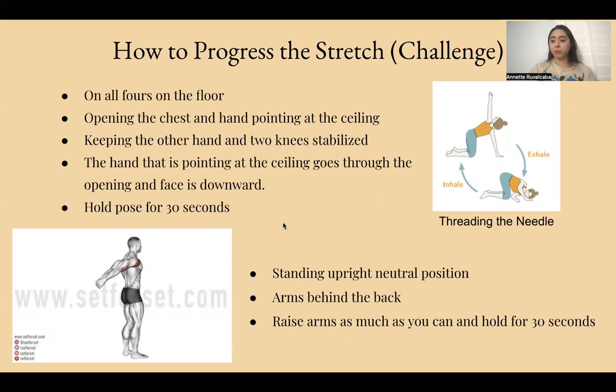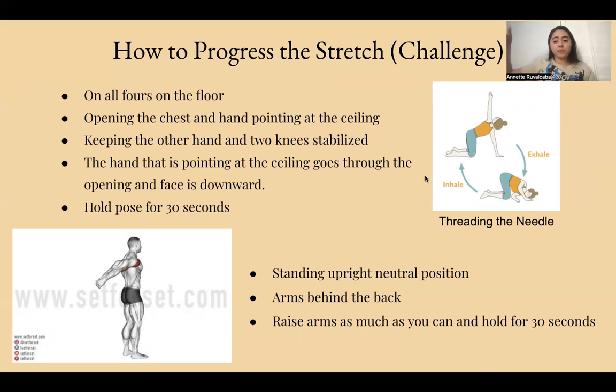And to make it more challenging, just like the arm across our chest, we can go into all fours on the floor. And we want to be opening our chest, just like this picture shows right here of the girl raising her arm all the way to the side, twisting her body to where her arm is raising up to the ceiling and looking towards her hand.